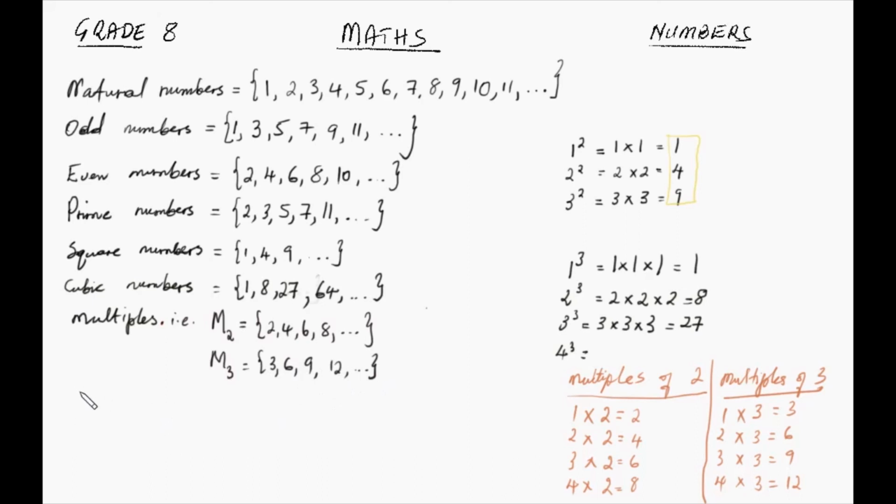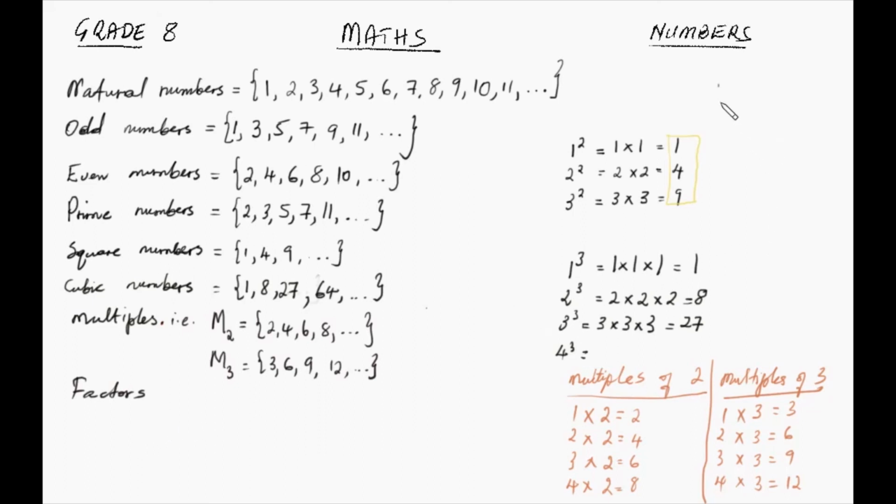All right. Now, what about factors? What about factors? Now, when we talk of factors, we are talking about numbers that actually divide a number and leave a remainder of 0. Let's say we want to find factors of 6.